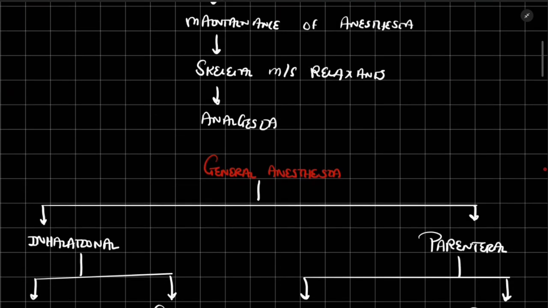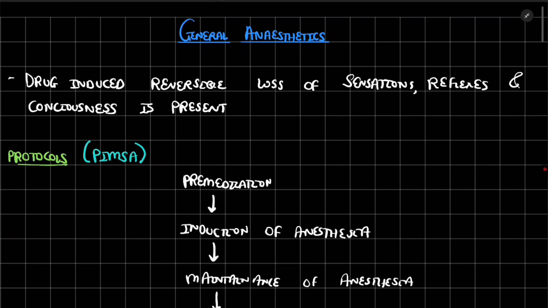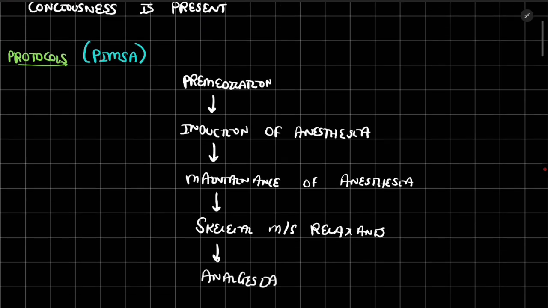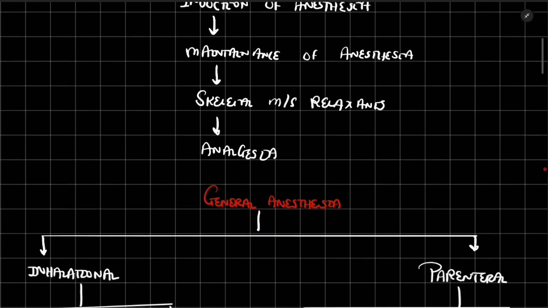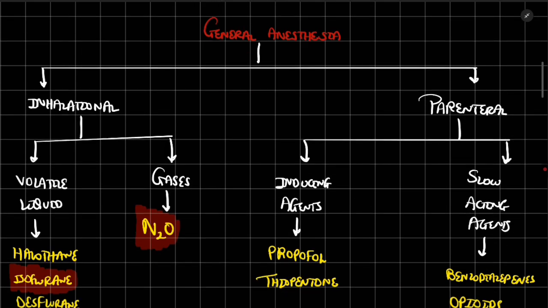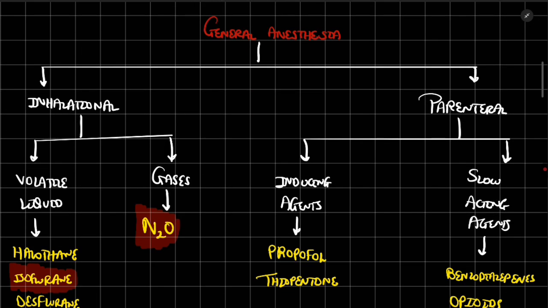So till now we saw at first the definition of general anesthetics, then we saw the protocols which should be followed. The mnemonic was PIMSA: pre-medication, then induction of general anesthesia, maintenance of general anesthesia, skeletal muscle relaxants, then analgesia. We saw the classification of general anesthesia, where they are given as inhalational or parenteral.